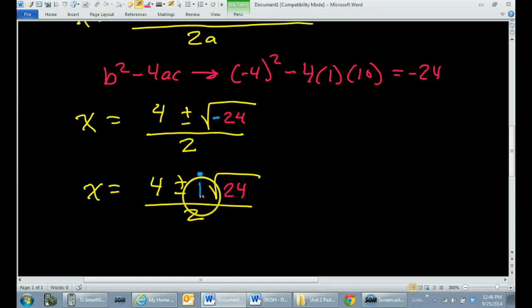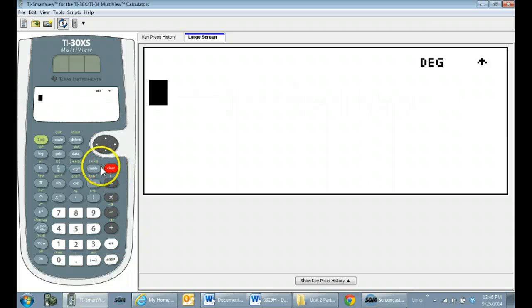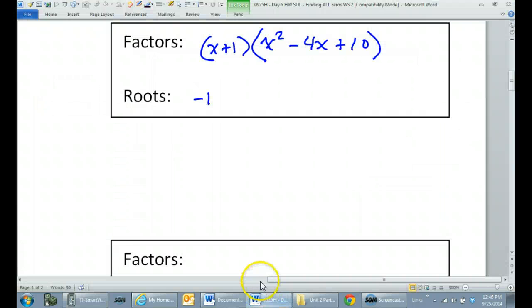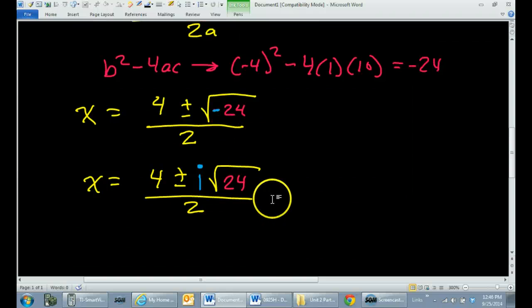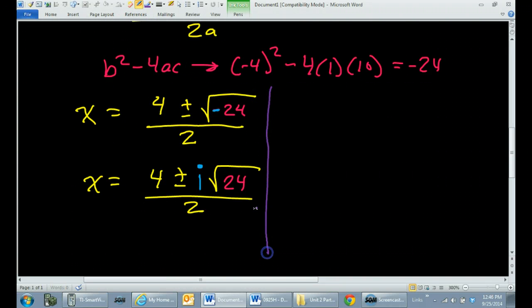Okay, now that that negative's out of here, go ahead and take the square root of 24 in your calculator. So, square root of 24, that's 2 radical 6. Okay, so now what I have is, and just put a little line right here.